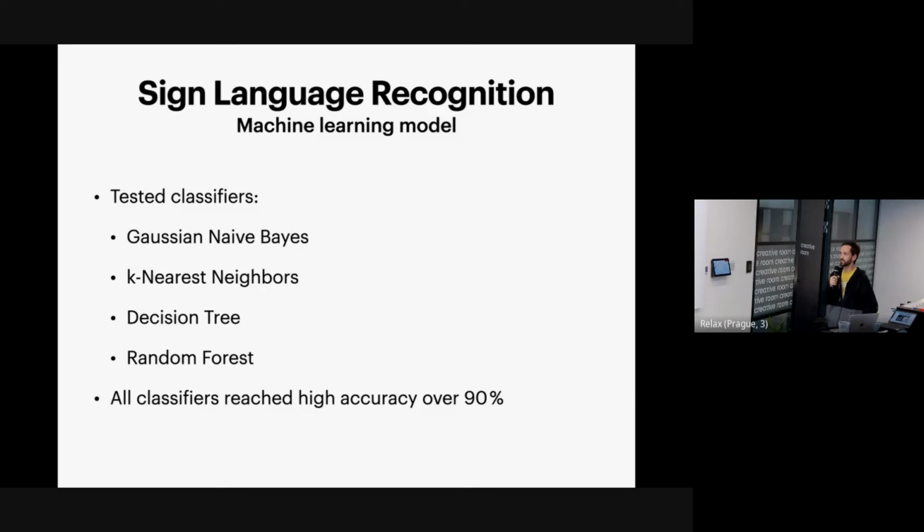Then we get to the model. When I had the data set, I could see what I can do with some simple machine learning models. So I tested classifiers. And surprisingly, all of them provided good results. So from those 4 that you see here, I decided at the end to go with the decision tree classifier, and it's for one simple reason: I could easily tweak it because it's very straightforward what the decision tree is doing.